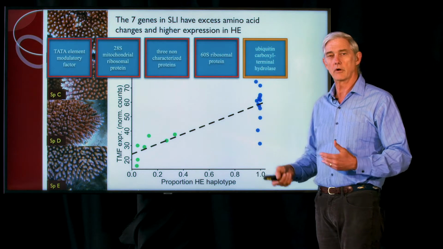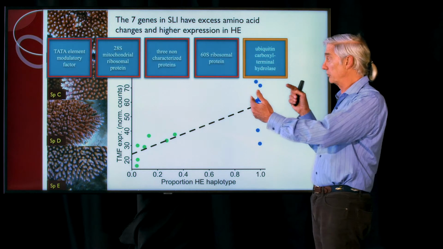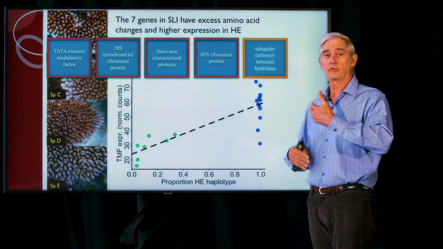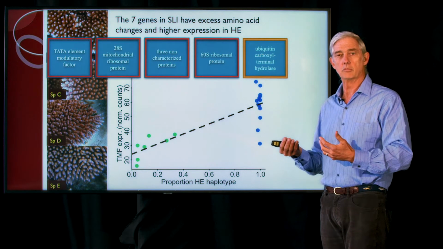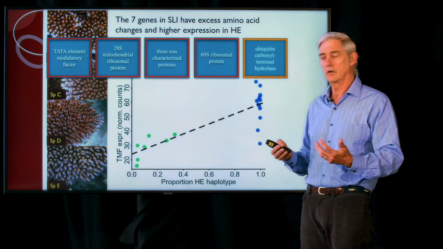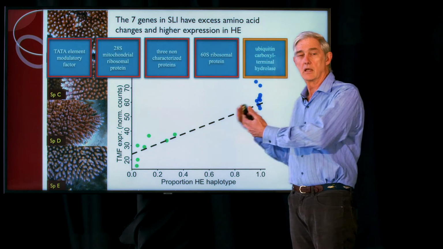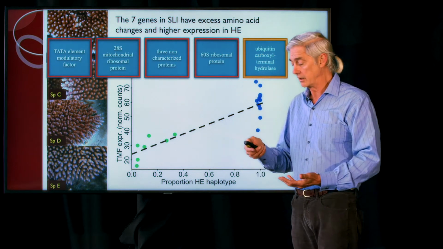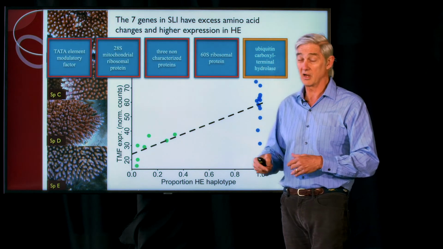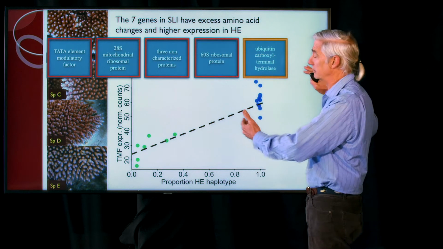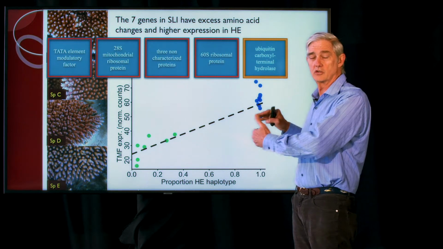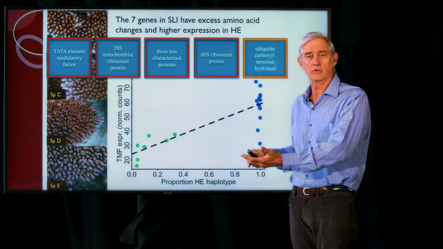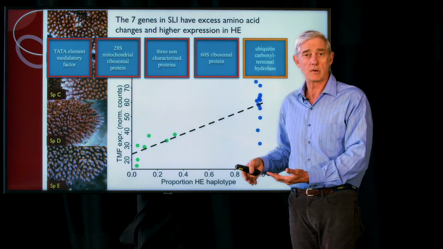So not only are there amino acid changes between these proteins, but they're expressed at different levels, and both of those could be part of the reason why selection is acting on this region in regard to their high heat resistance. Now, honestly, we don't know exactly the reason why these changes might be associated with high heat resistance, and we're trying to find out more about it.